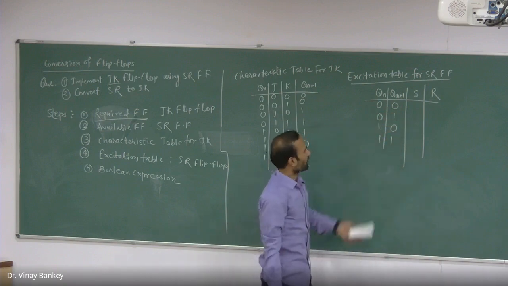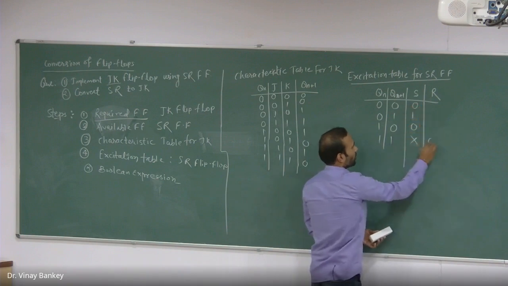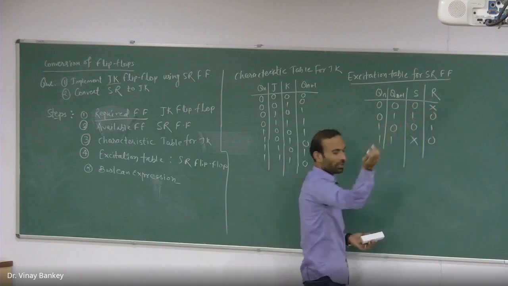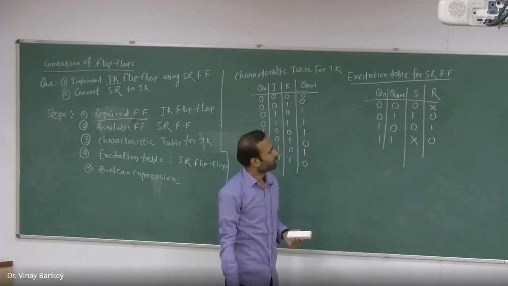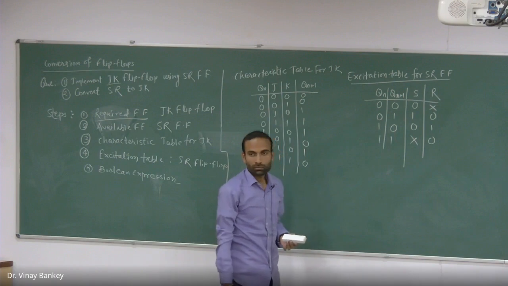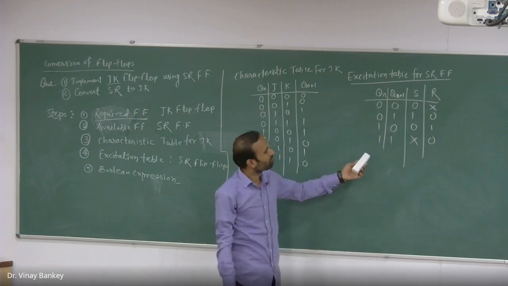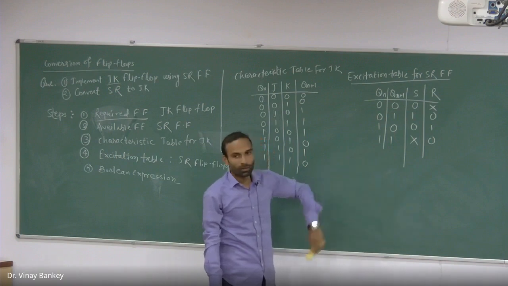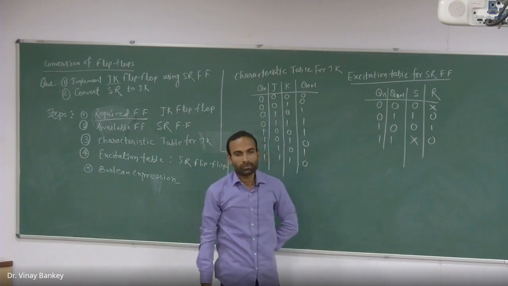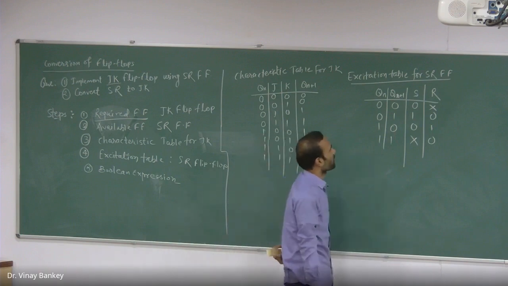How do I remember this? I remember this as 0 1 0 cross, 0 1 0 cross. Check it. Otherwise, we need to verify this. Excitation table for SR flip-flop.